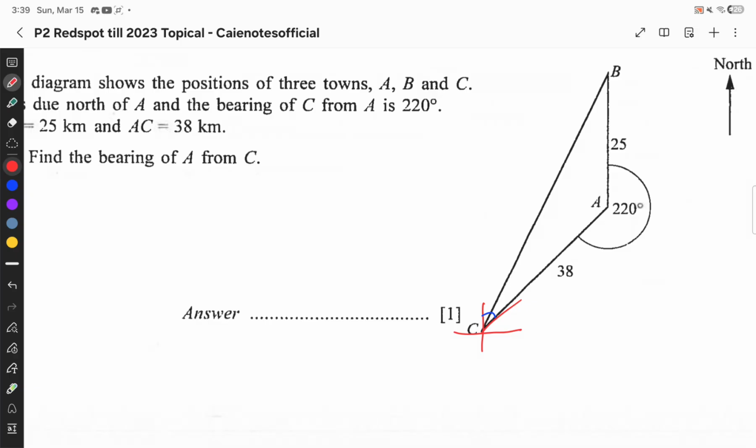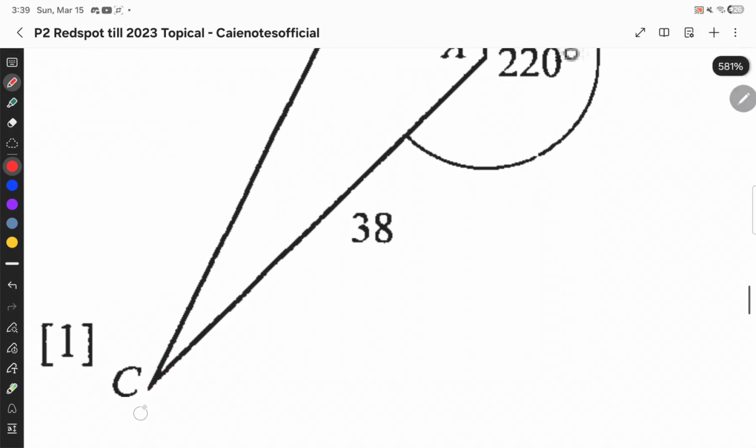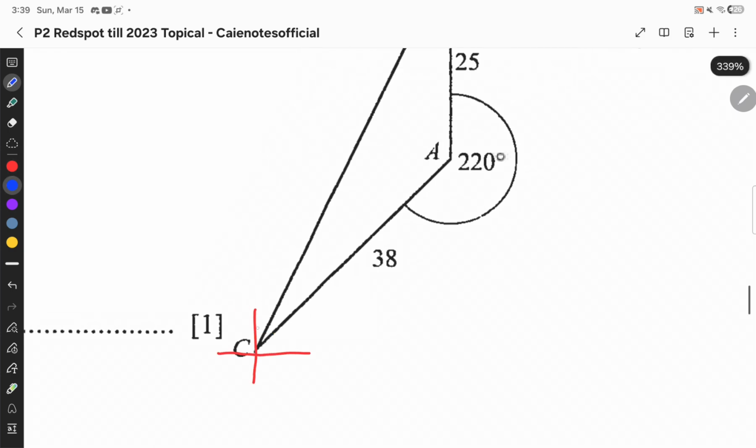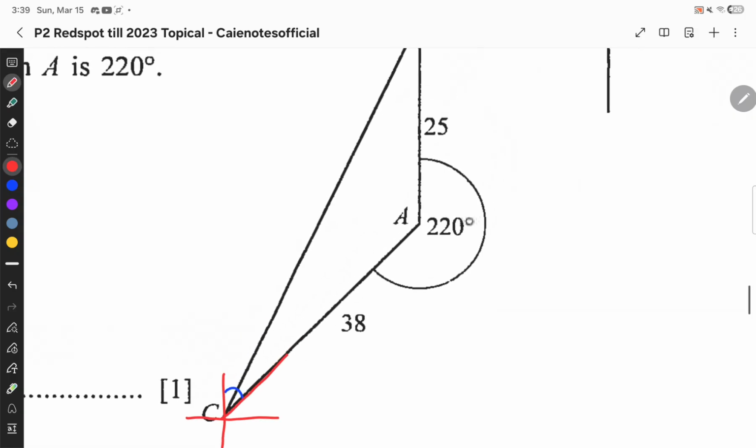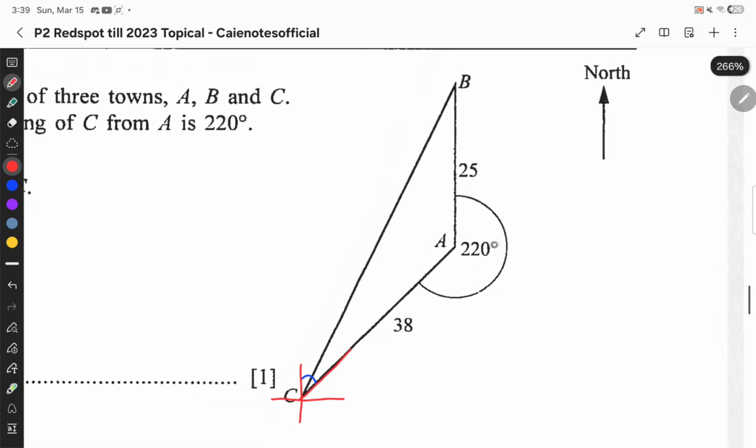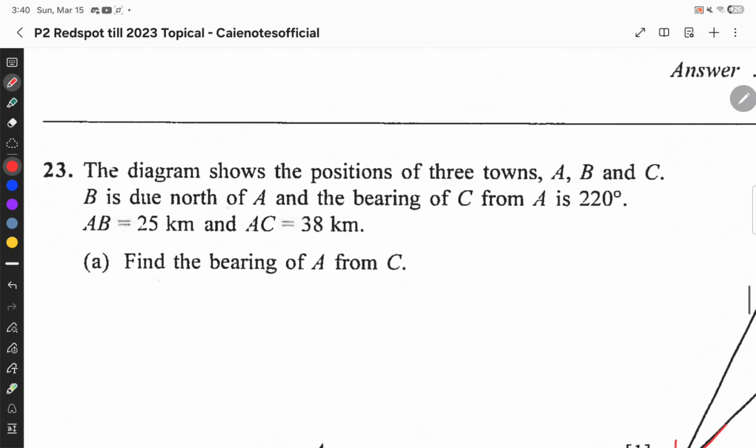Let me make this a bit more straight, so to say. Now this is not impossible. Okay, don't worry, this is very possible. Why? Because we know B is due north of A. This is the only bit of information we needed.